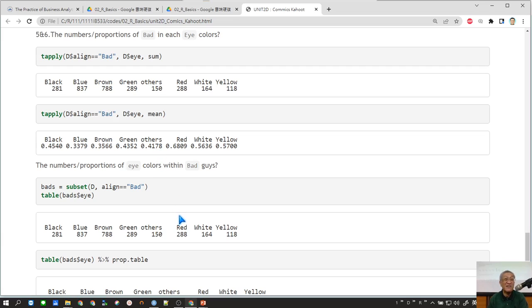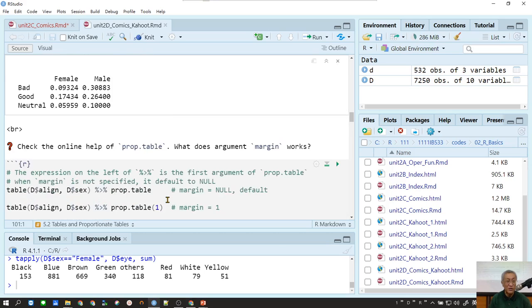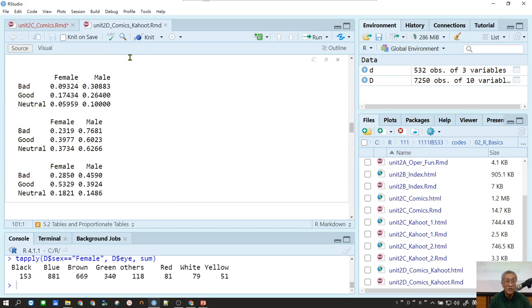If I put the d$i here, the i has to equal to some color. So if I do a t-apply like this, I'll get an answer, but the answer would not be what we need.